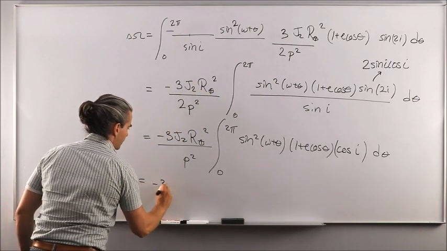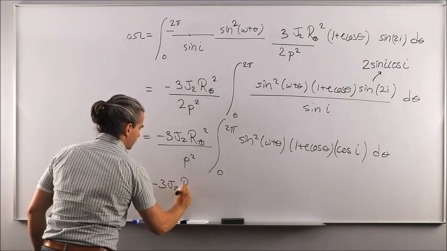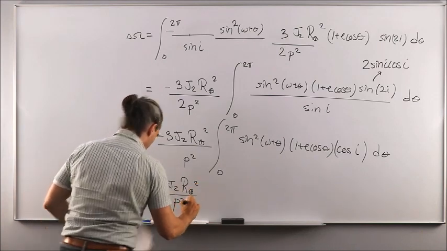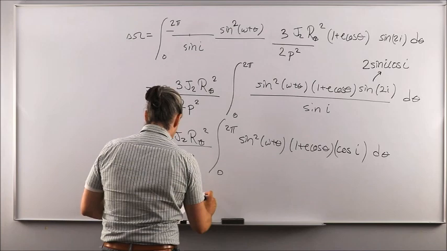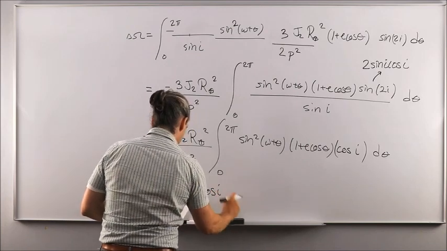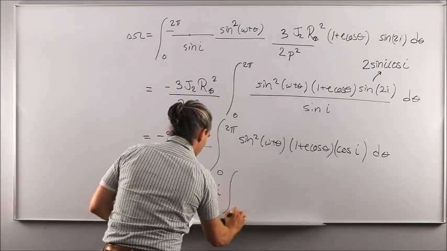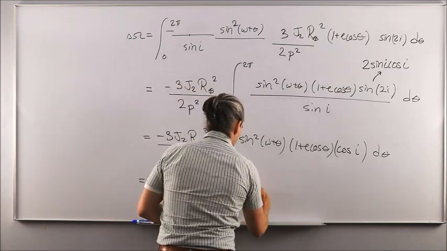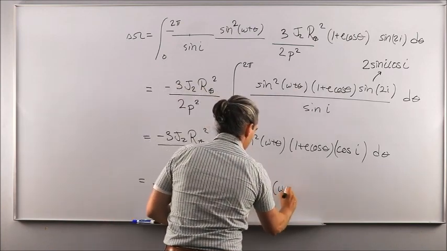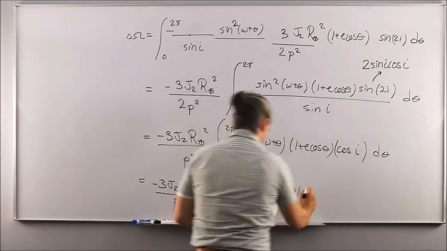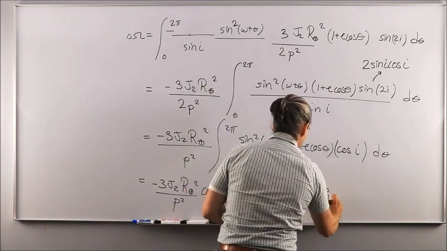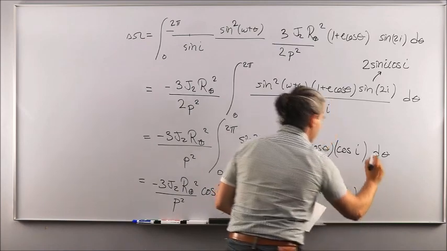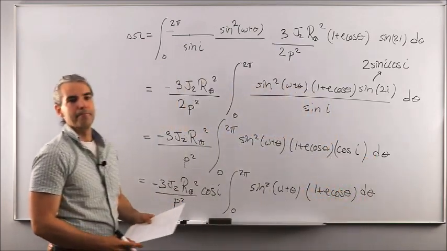So minus 3 J2 R Earth squared over p squared, cos inclination, integral from 0 to 2 pi of sine squared omega plus theta times 1 plus e cos theta d theta, as simple as that.